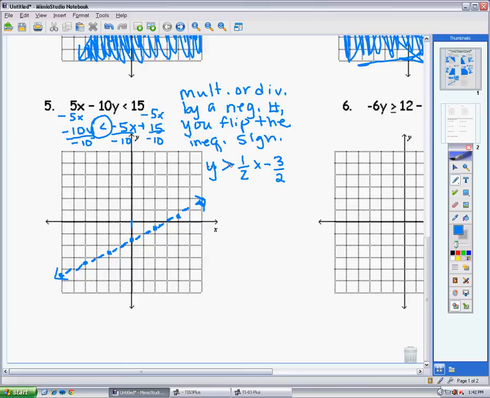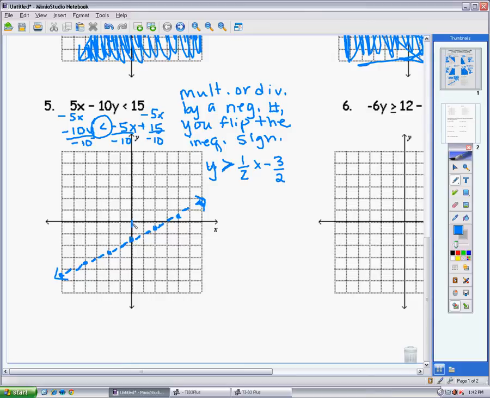My y is greater than the line. So here's my line, here's my y-intercept. So if I'm going greater than y, greater would be above the line here. If I were to be less than, then I would be below the line. So instead of using a test point, I'm going to be using the inequality sign, and it says y is greater than the line.